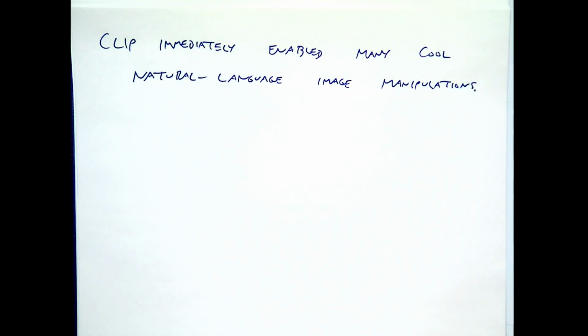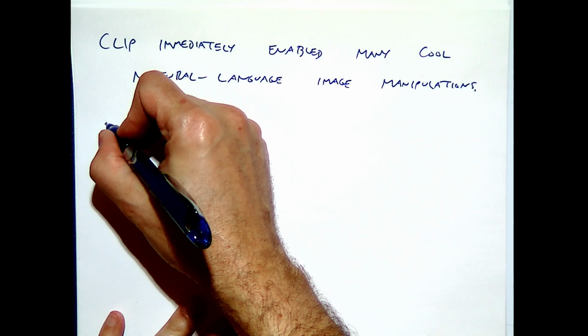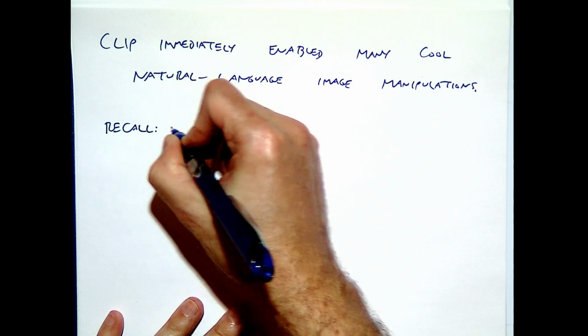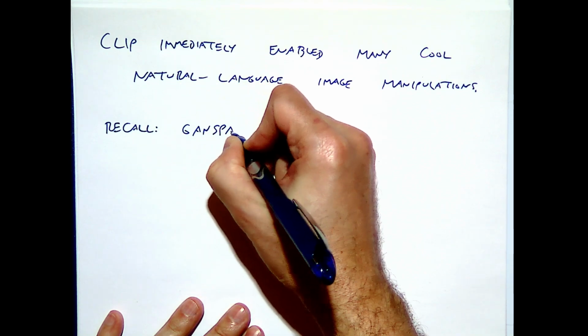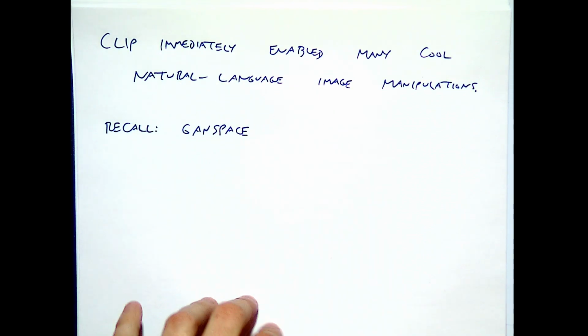So maybe a good example to start with is the paper GAN space we talked about, right? Remember that with GAN space, the authors took StyleGAN-2 and I believe also BigGAN, and basically they discovered interesting directions by tweaking knobs in the latent space of the GAN. Oh, if I turn this knob, it seems like the person becomes older. Or if I turn this knob, their hair color turns blonder, right?